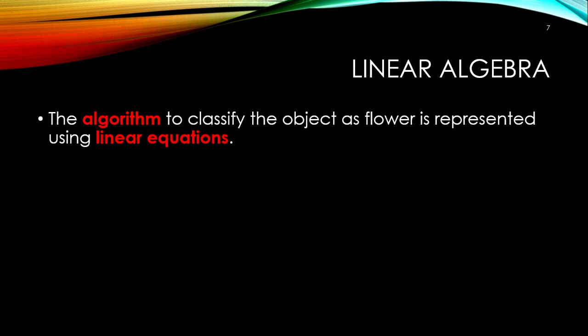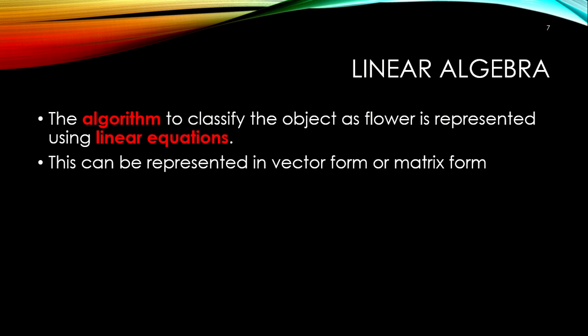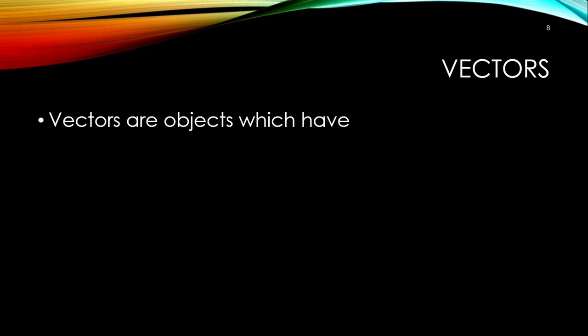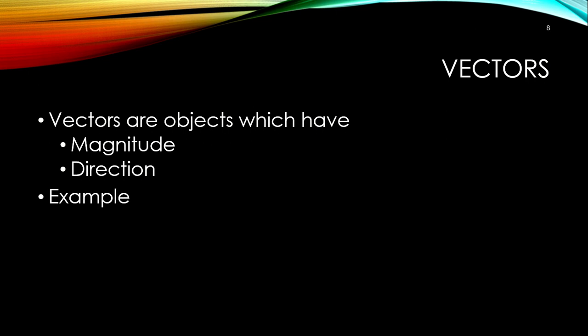The algorithm to classify the object as a flower is represented using linear equations. So this can be represented in vector form or matrix form. And what are vectors? Vectors are objects which have magnitude and direction. This is what we studied in our physics class in our school days.